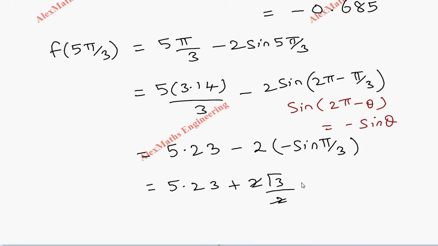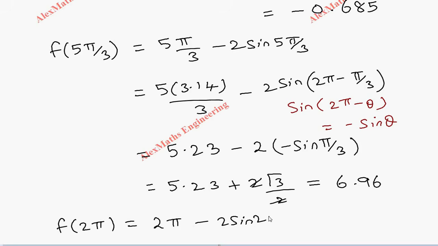You can cancel these two. By adding 1.732 with 5.23, we get 6.96. Then the last value, f of 2 pi, gives 2 pi minus sin 2 pi.